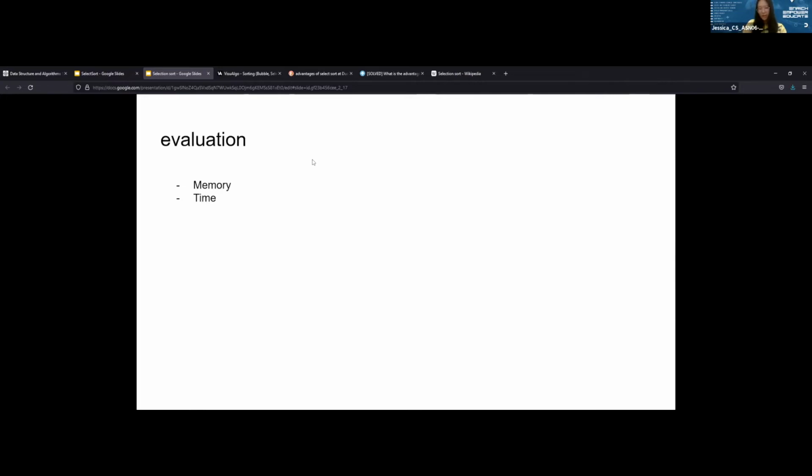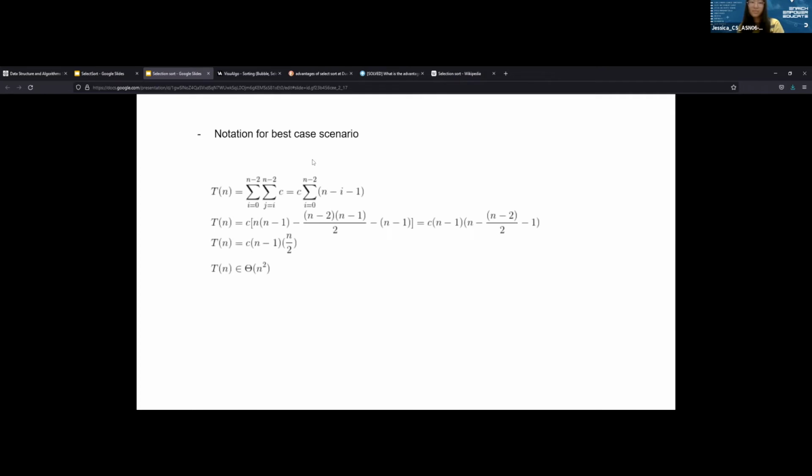As for the running time, as you can see or feel, it is painstakingly slow to arrange the array of 8 elements. It can be denoted by the function capital O of n squared, as you can see in the next slide. And as for the worst case scenario, it is also denoted by O of n squared.